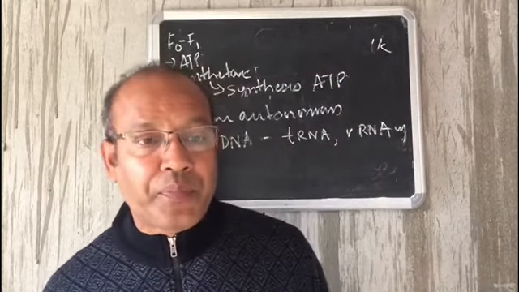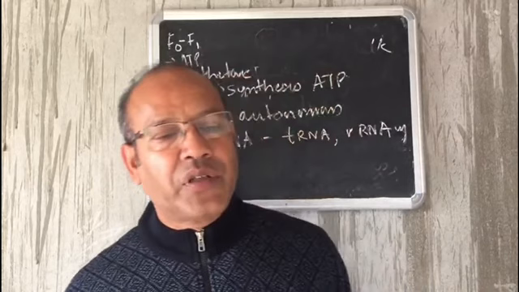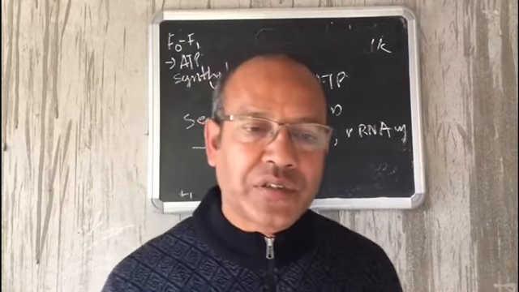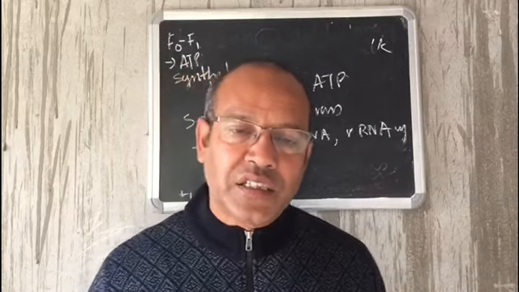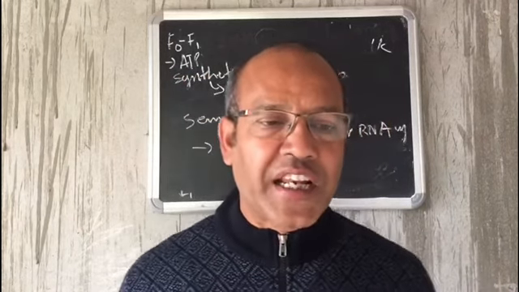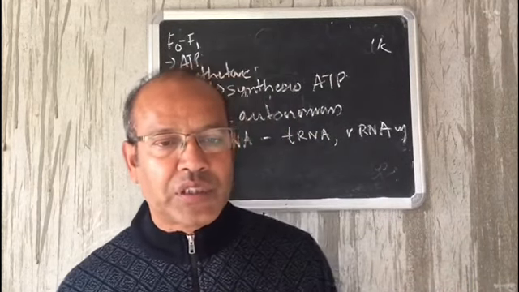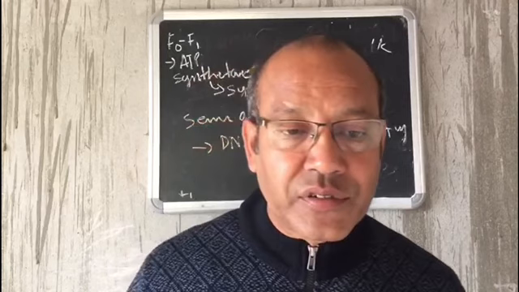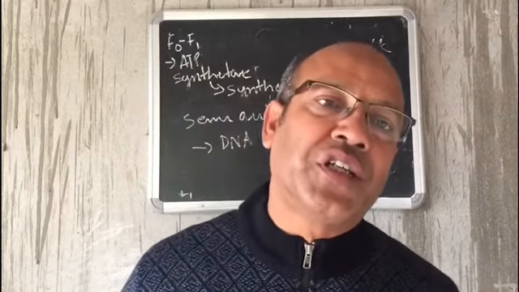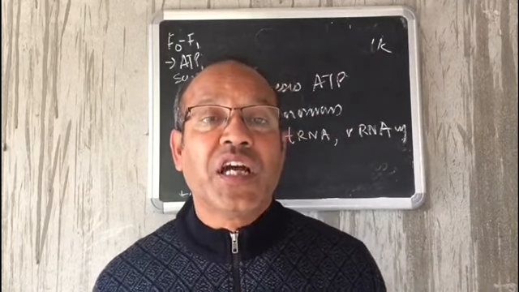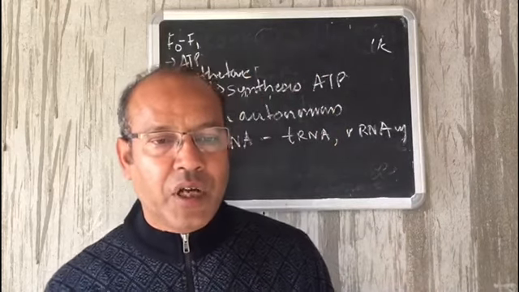It can manufacture its own proteins. Mitochondria is self-duplicating. And how does it duplicate? By a simple process of fission. The mitochondria undergoes fission and produces one of its own kind.